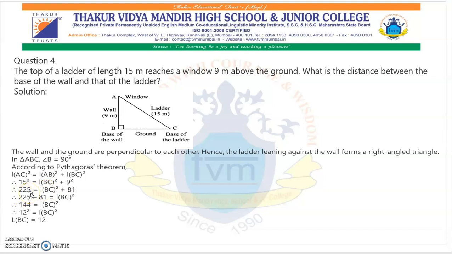Square of 15 is 225, square of 9 is 81. 81 goes from the right hand side to the left hand side and becomes negative. 225 minus 81 gives 144. 144 is the square of 12. Taking the square root of both sides, we get length BC equal to 12.